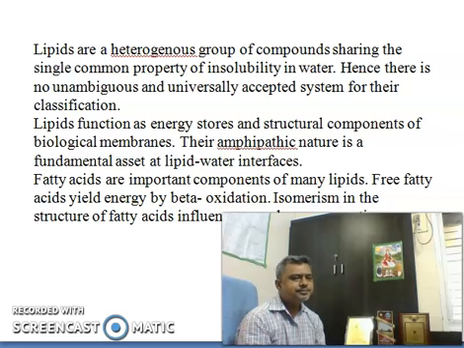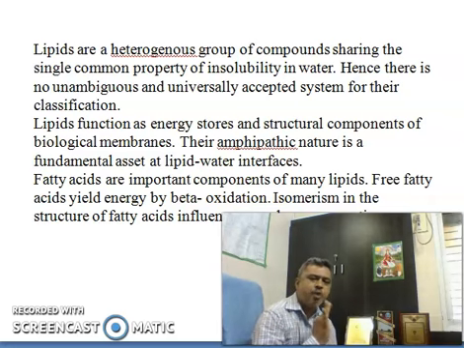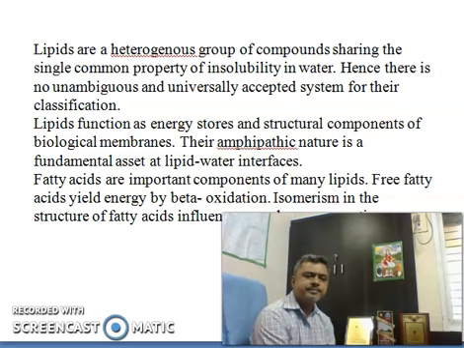Am I right? So lipids function as energy storage and structural components of biological membrane. Their amphipathic nature is a fundamental asset at lipid-water interfaces.